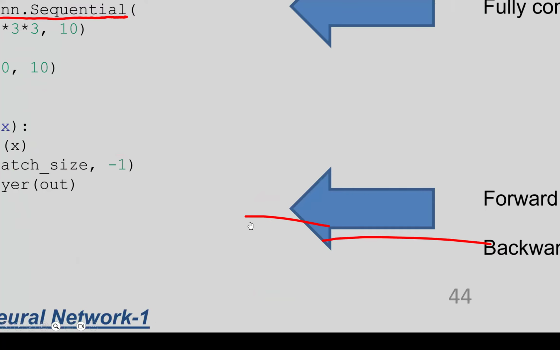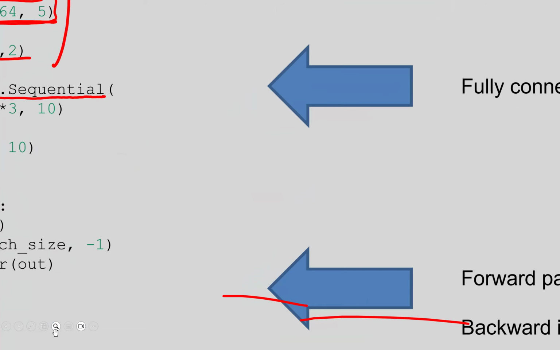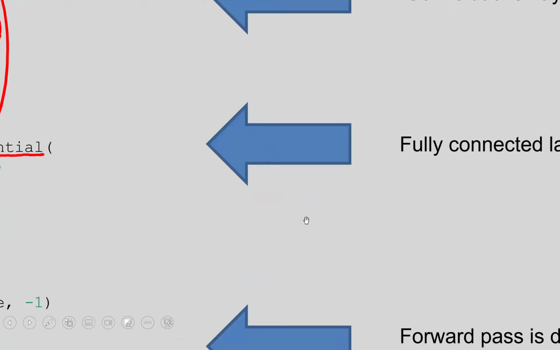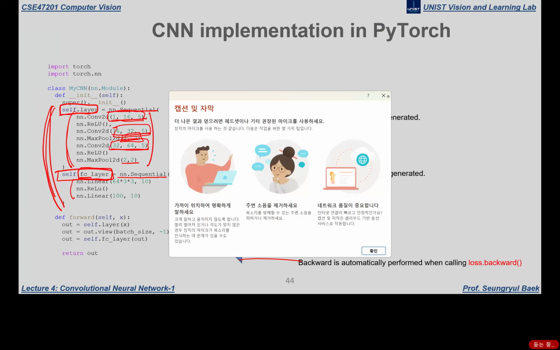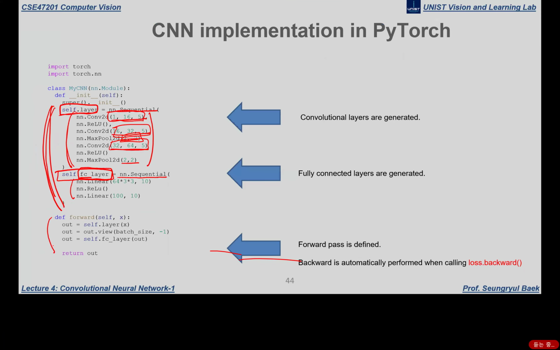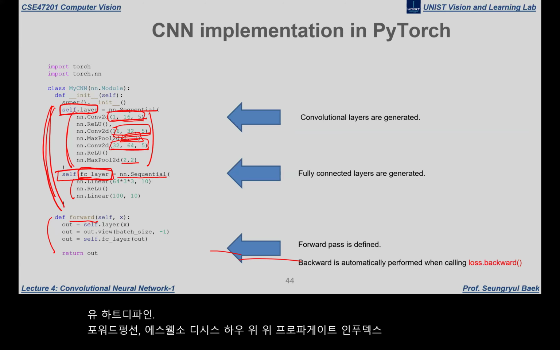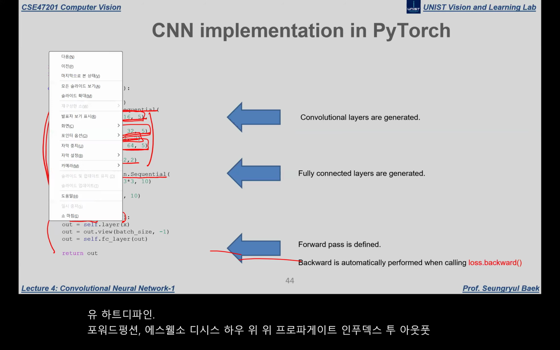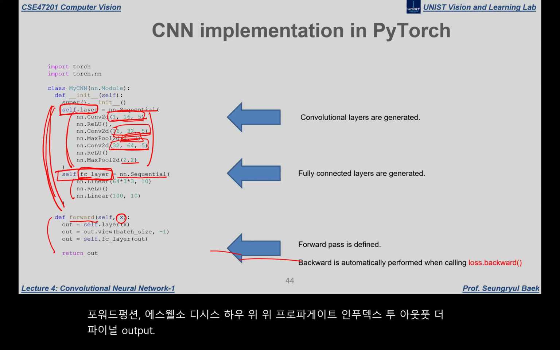And you also have to define the forward function. This is how we propagate the input X to the final output. This is the initial input image.